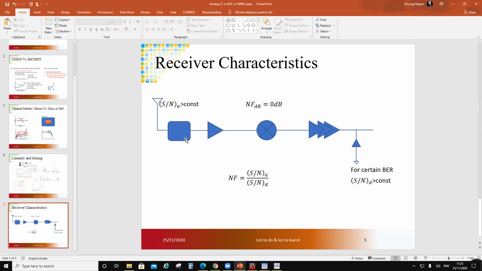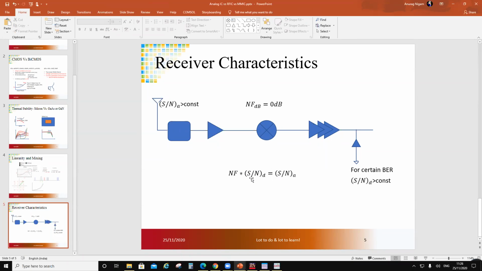Right? So this is going to be the receiver noise factor, the overall noise factor of the receiver. So basically, signal to noise ratio at the detector is fixed for a given bit error rate. So then what should be the signal to noise ratio at the antenna? It should be basically this multiplied over here. Correct? So at the antenna, I should see this.